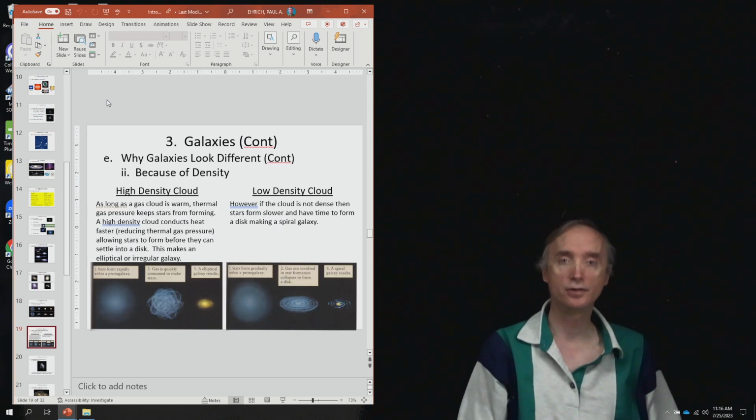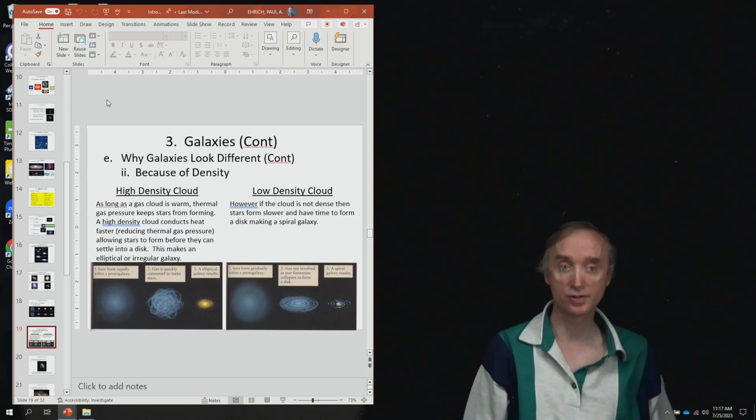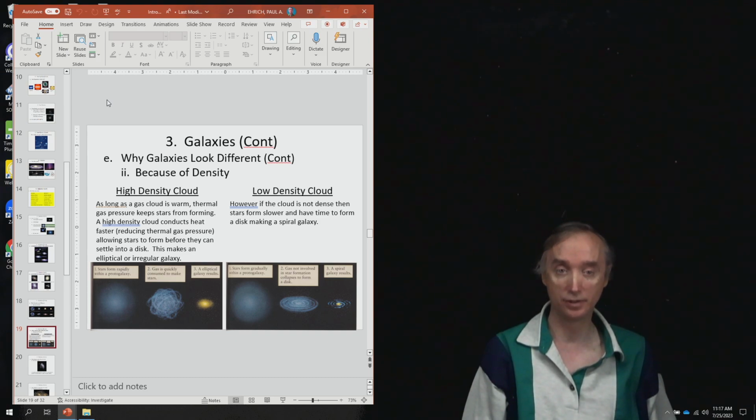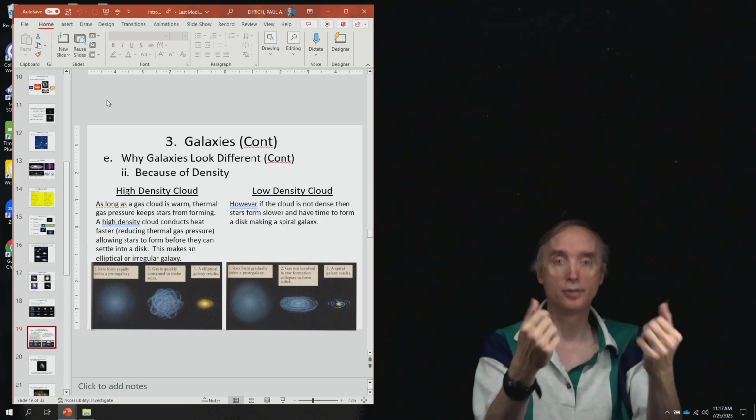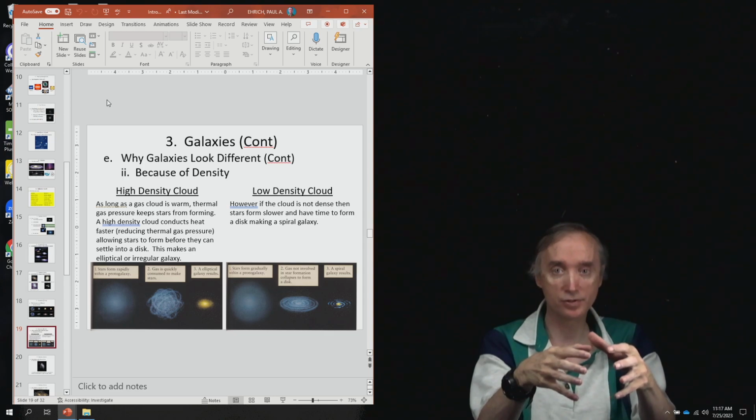Okay, the second reason that a galaxy could have a different shape has to do with its density. Galaxies have thermal gas pressure the same way that solar systems do. And if you have a lot of thermal gas pressure, that's a bad thing, because that's going to be pushing material outwards. But we want it to collapse.